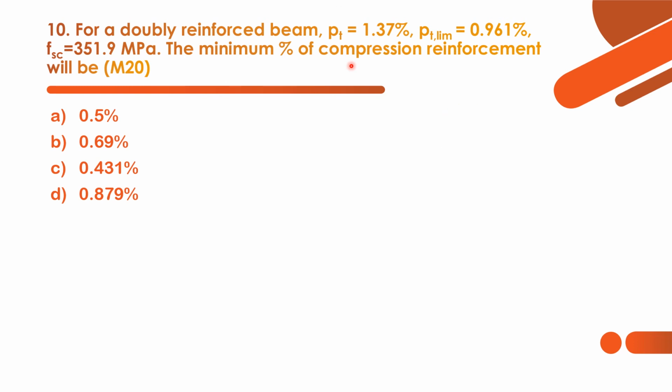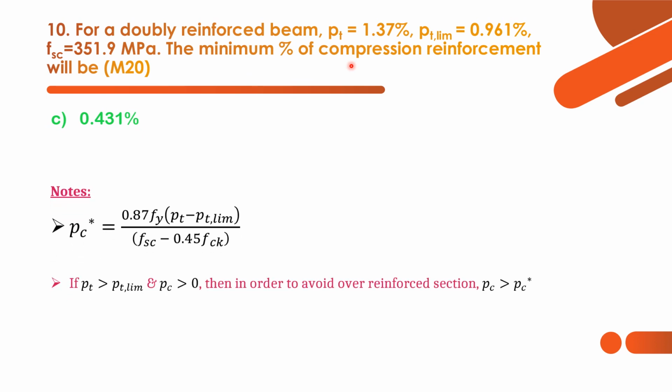This is also a simple question. You have to follow one formula, substitute all the details in that formula to get the answer for minimum percentage of compression reinforcement, as we have seen in the limiting reinforcement in case of tensile reinforcement. So here the option C is the correct one, 0.431%.